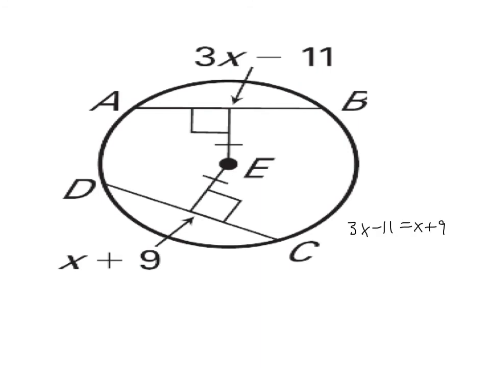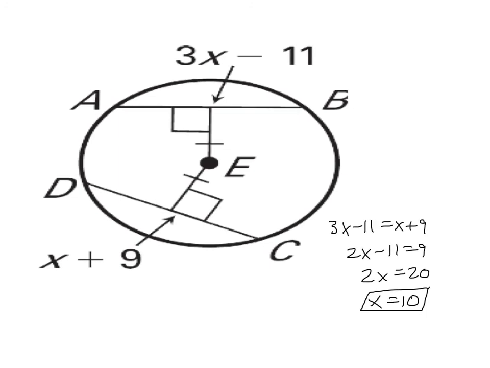And if I subtract x, 2x minus 11 equals 9. If I add 11, 2x is going to equal 20. And x is going to equal 10. Okay. Again, if I need to check, I plug it back in. 10 and 9 is 19. 10 times 3 is 30, minus 11 is also 19.